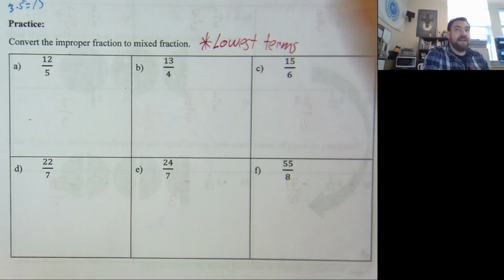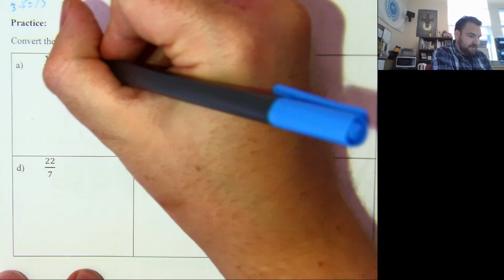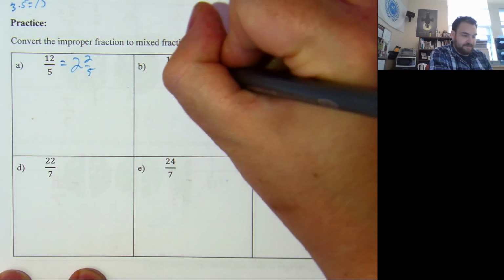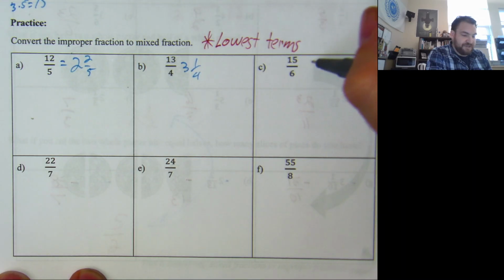So if you ran ahead, and over the last couple days we've been just racing through stuff, I want you to go back and take a look at these 6. These 6 need to be written down in lowest terms. I'll give you 5 minutes to do these 6, and I'm going to write them down here as well. If you've already done them, again, make sure that you're in lowest terms.